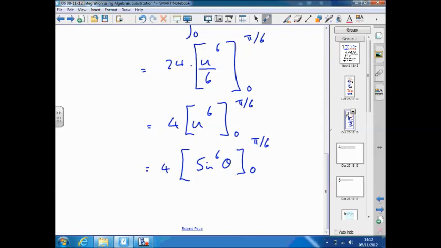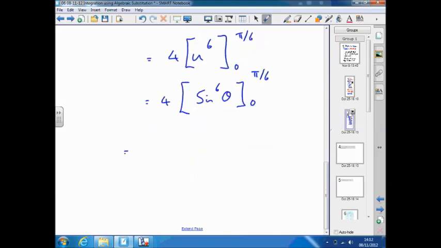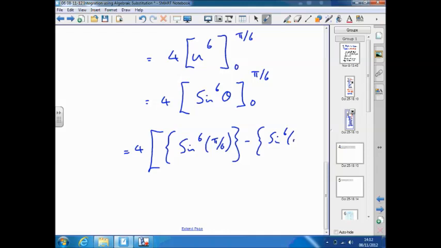So now we can put in our limits. Leave a square bracket there because in the end we've got to multiply all by 4, and then we use curly brackets, so it's sine to the power 6 of pi over 6 minus sine to the power 6 of 0.